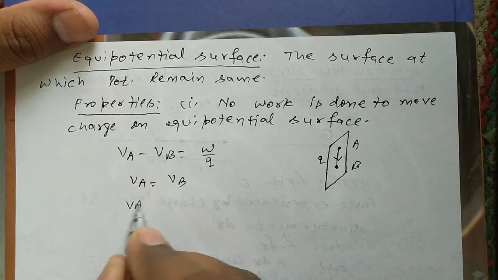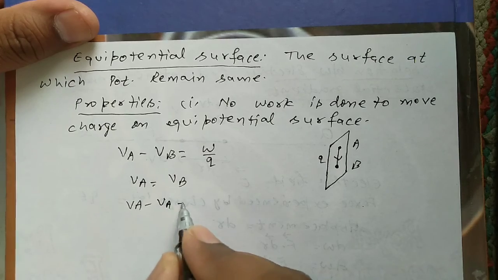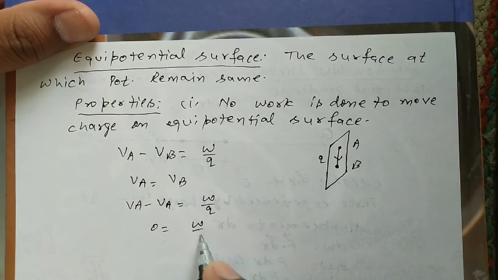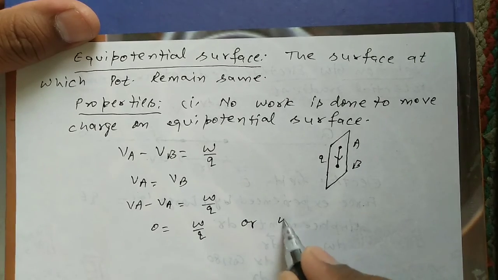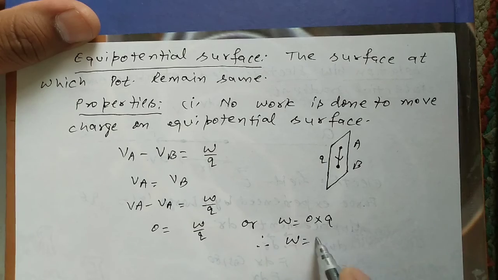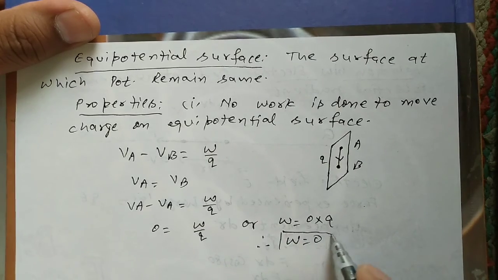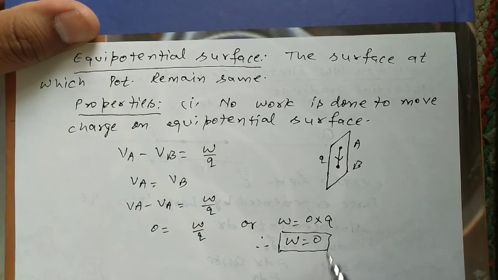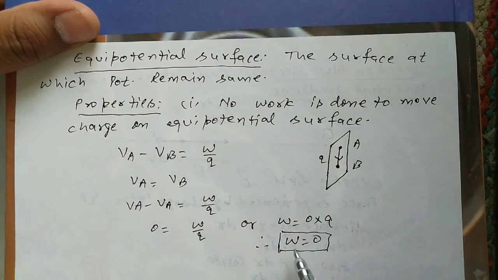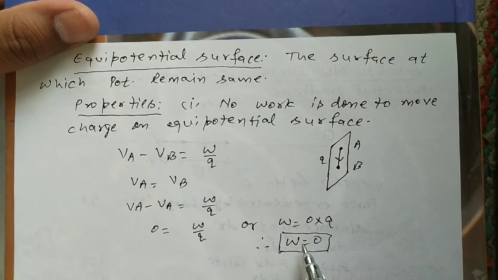So we can write VA minus VA is equal to W upon q. 0 equals W upon q, or W equals 0 times q, therefore W equals 0. So according to the properties of an equipotential surface, no work is done to move a charge on an equipotential surface.